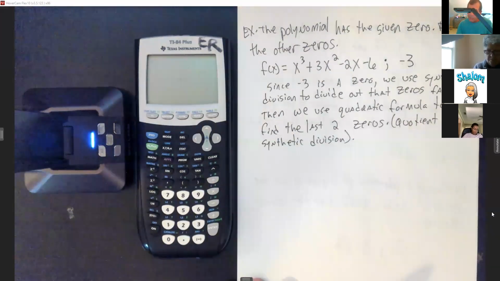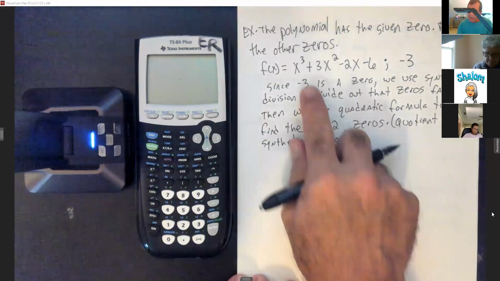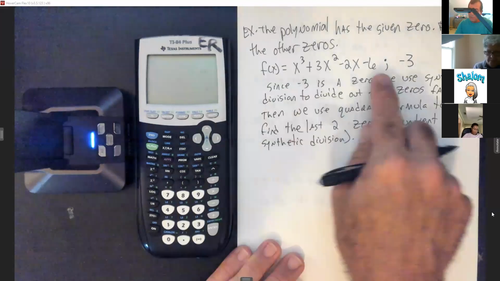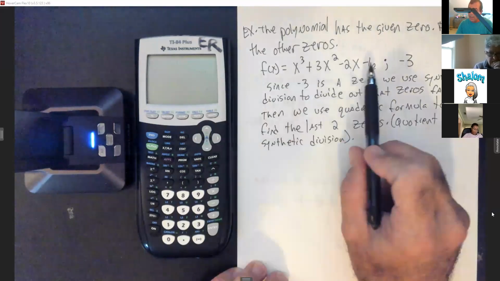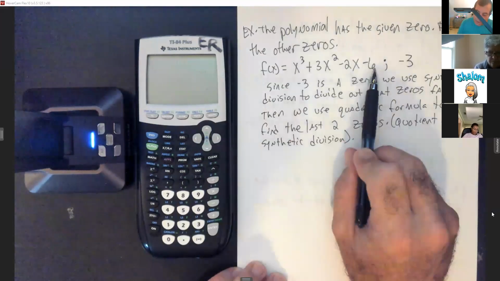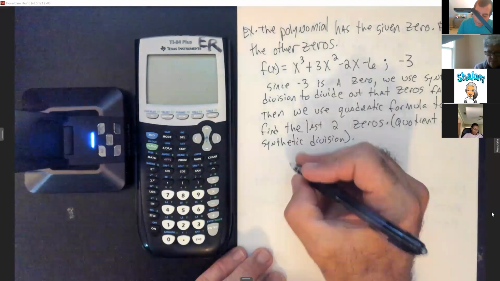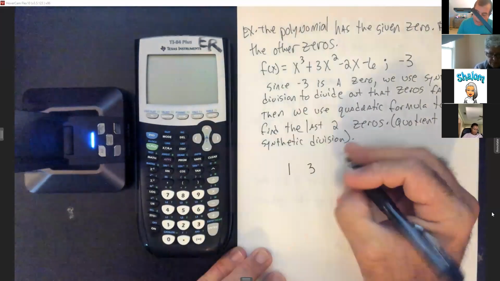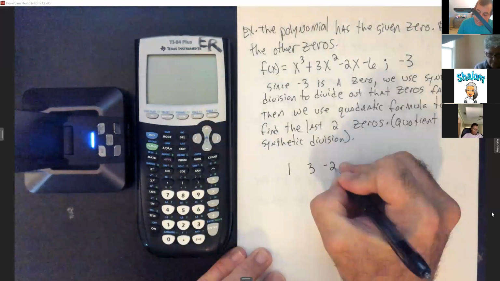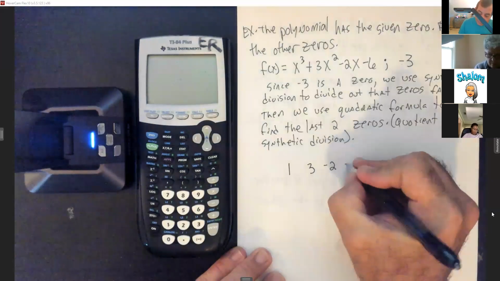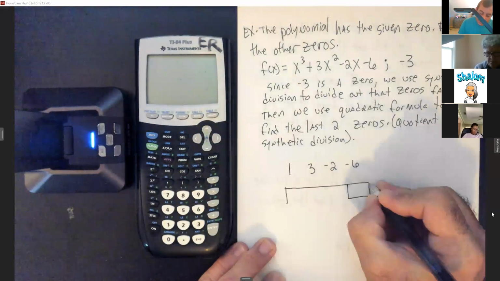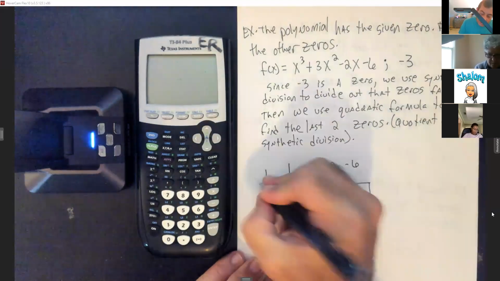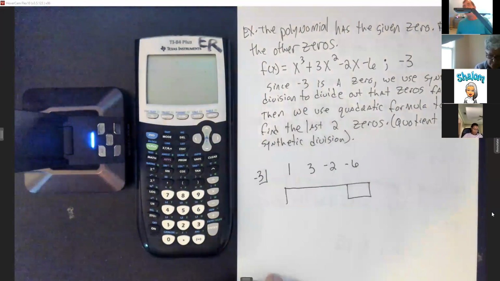So since we're going to use synthetic division first, we're going to write out our coefficients. So I got my x3 term, x squared term, x term, and number. Nothing's missing. So I got a 1, a 3, a -2, and a -6. That zero they gave me was a -3.